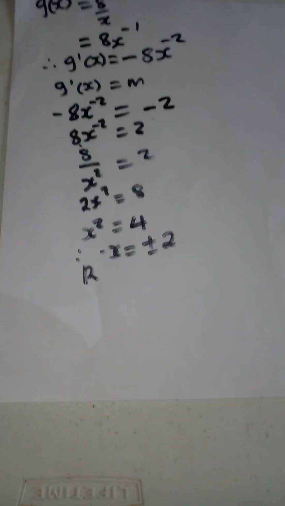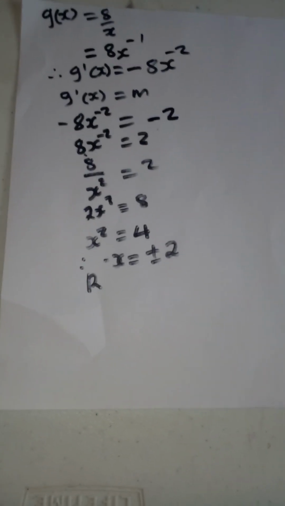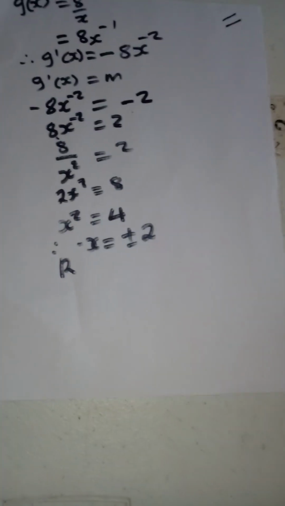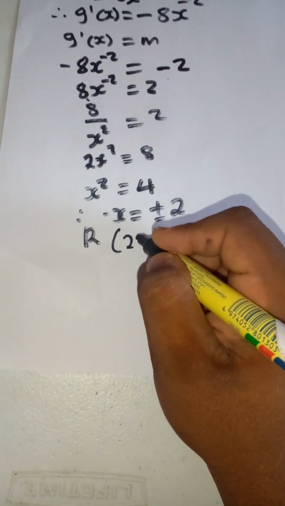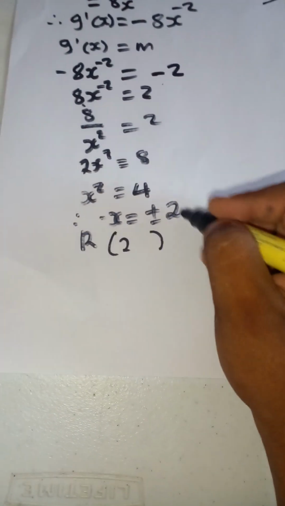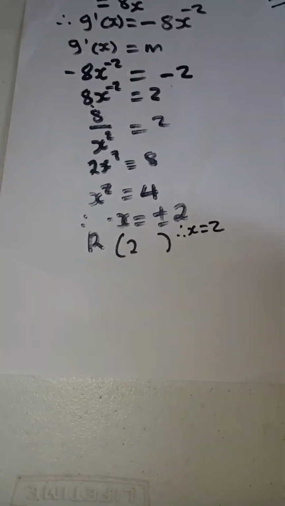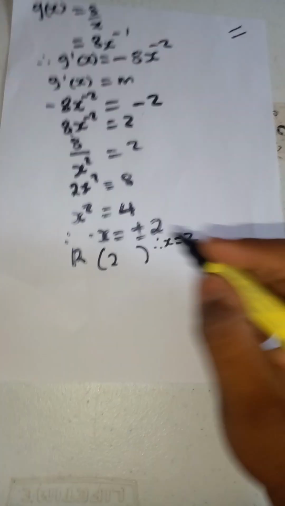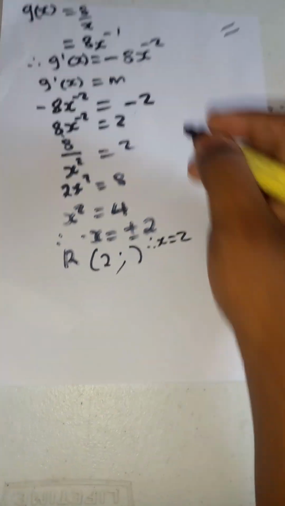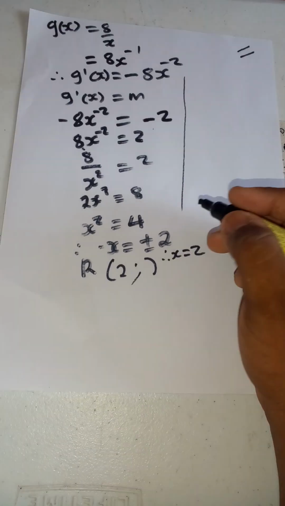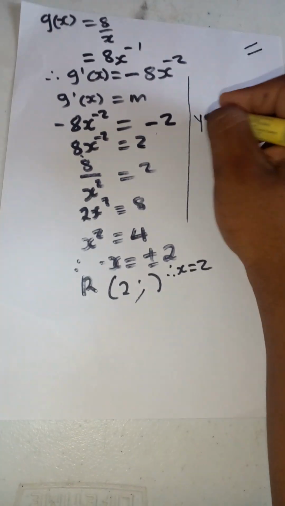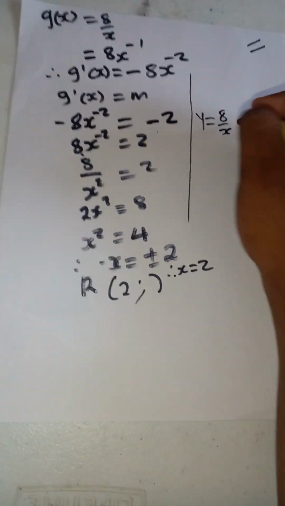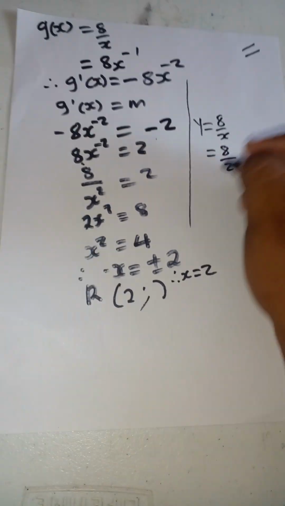Is it fine, guys? So let me take another marker. I feel like this marker is better. Here we have 2. I think they said the first quadrant, so we say therefore x is equal to positive 2. But now, guys, check something. We don't have the y value of r. After finding the x value, we take the original equation and substitute the value of x, which means the y value is 4.